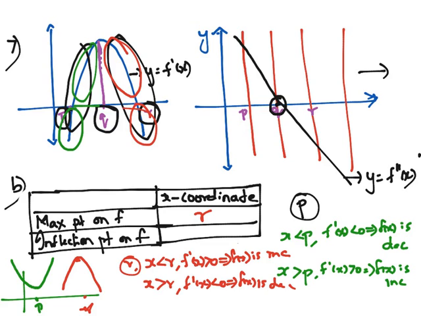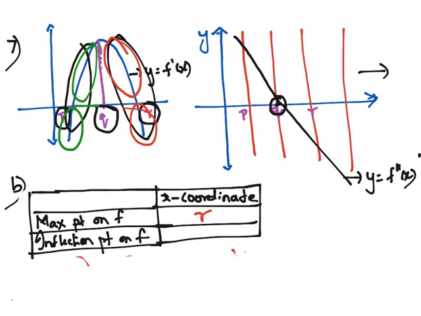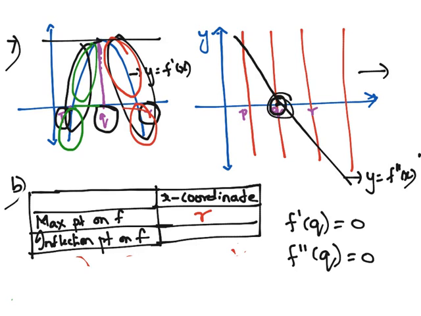Now you see here that f dash of q is 0, isn't it, students? F dash of q is 0, because if we draw a tangent here, it will be parallel to the x-axis, and f double dash of q is also 0. So definitely q can be a point of inflection.